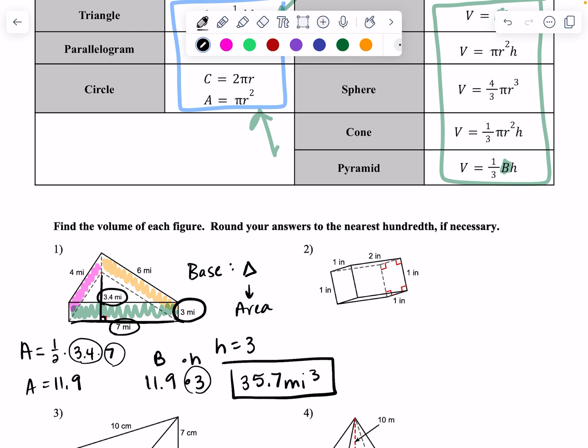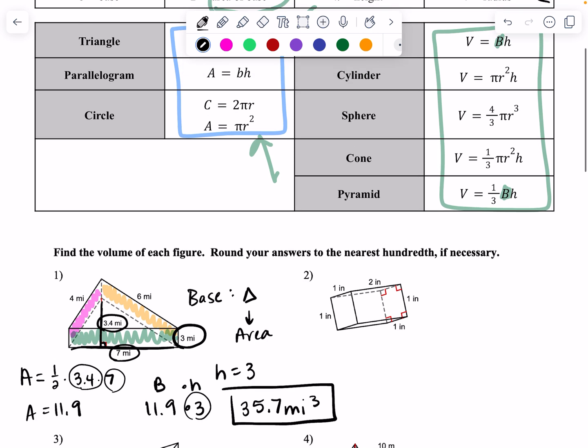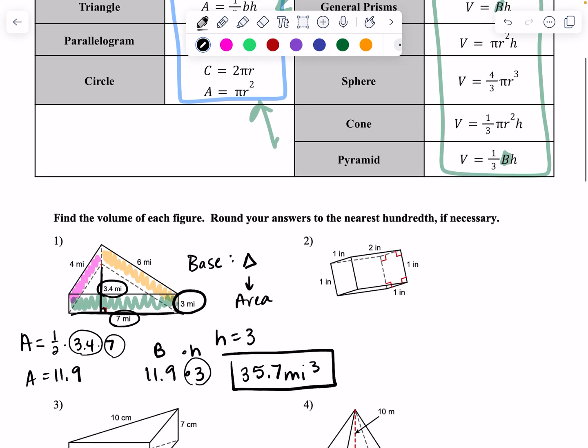Okay. So sticking with the same formula, area of the base times the height, right? The rectangles in this case are on the outside, right? And the two shapes, I'm just going to highlight the two shapes that are the exact same. It's this one right here and this one right here.